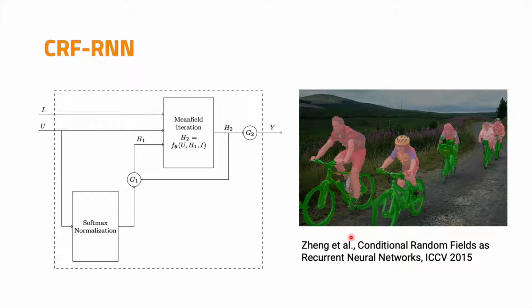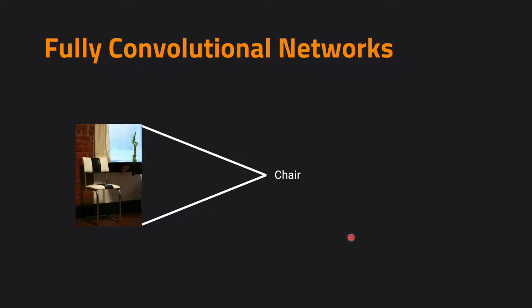However, this doesn't resolve all the problems. Usually from the output of FCN, we observe very blurred outcomes, so that we do not usually see the boundaries of the objects very clearly.